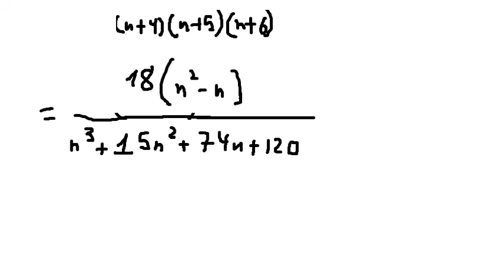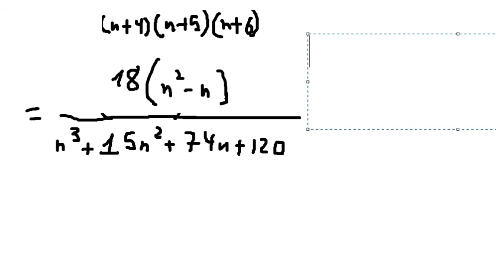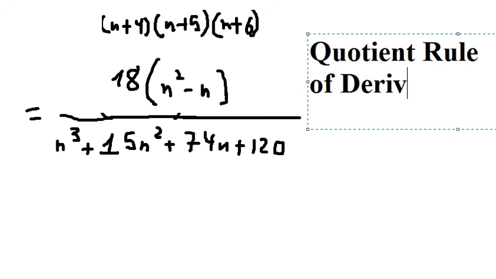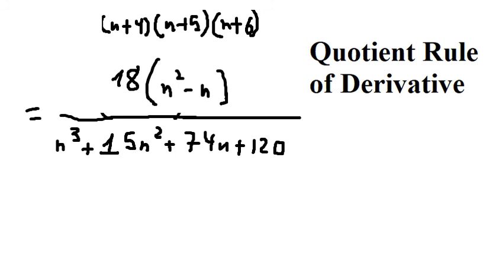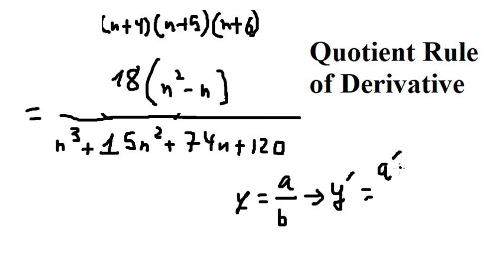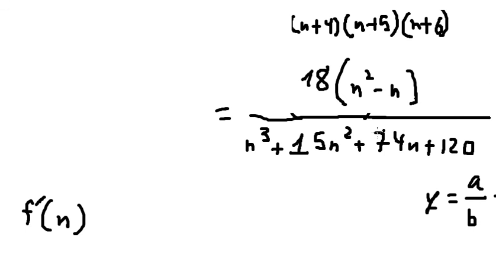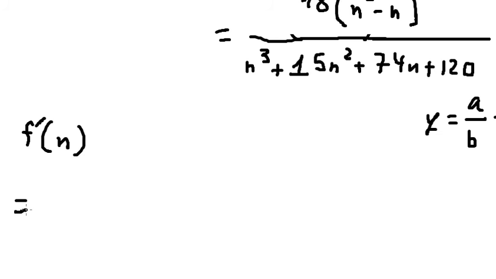So this one we can apply the quotient rule of derivative. That means we have y equals a over b. So if we do first derivative, we need to do first derivative of a multiplied by b minus first derivative of b multiplied by a, over b squared. Now, if we apply this formula in here, that should be like this.